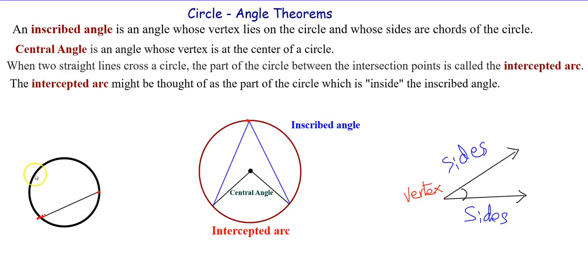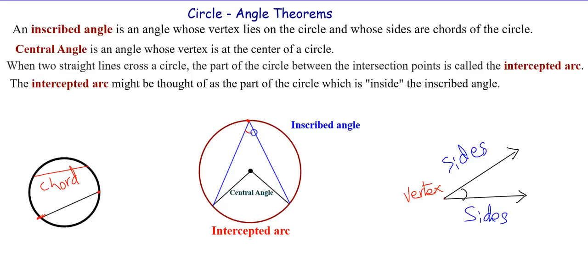So you get a segment, and that segment is called a chord. You can draw infinite number of chords in a circle. Here, in this particular case, we have two chords having one common point. And because it is a chord, that endpoint is on the circle.